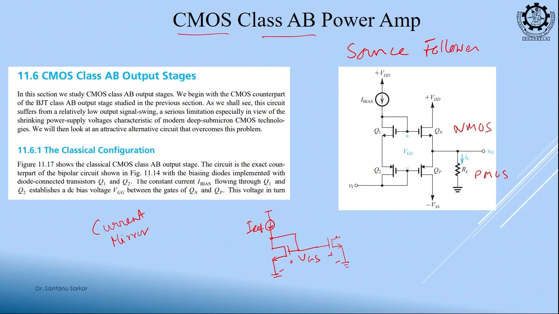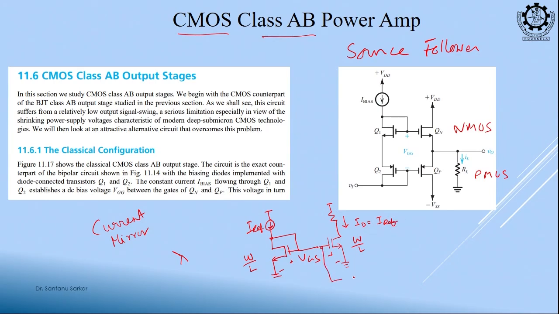So the drain voltage may be a little different, and if you consider the channel length or lambda effect, then this ID and this ID may be a little different. But if we neglect that, to make it easy, and another condition is that the W by L of both should be the same, they should be identical. Their threshold voltages we consider identical, the same device. So in this branch also I will get ID roughly equal to IREF.